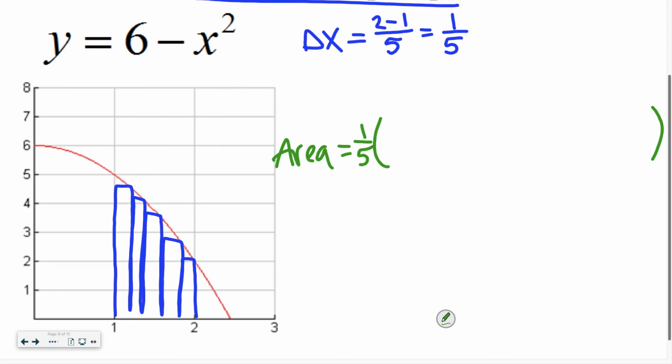And since this is a right-hand approximation, let's start on the right-hand side and work our way left. This time I'm actually going to do it so my work does that too, so we keep things in order. I didn't do that last time, and I'm sorry about that. Since we're on the very right side, this very right rectangle has height of f of 2.